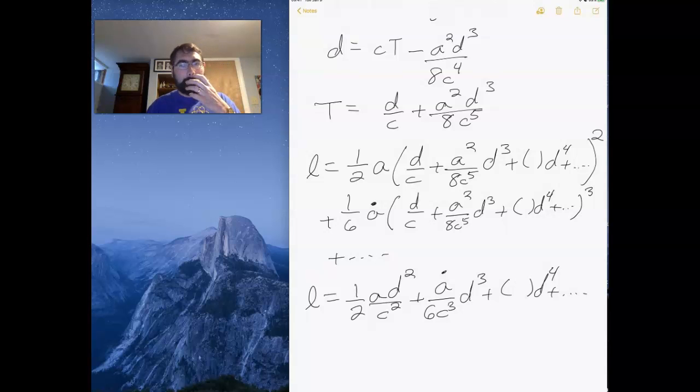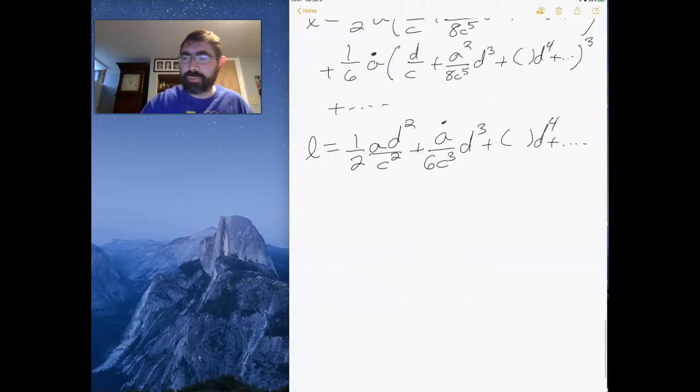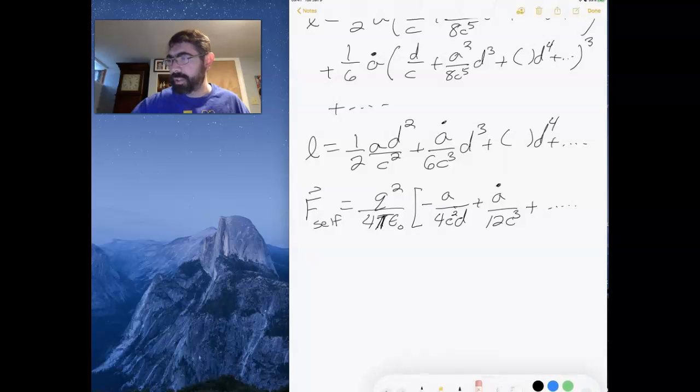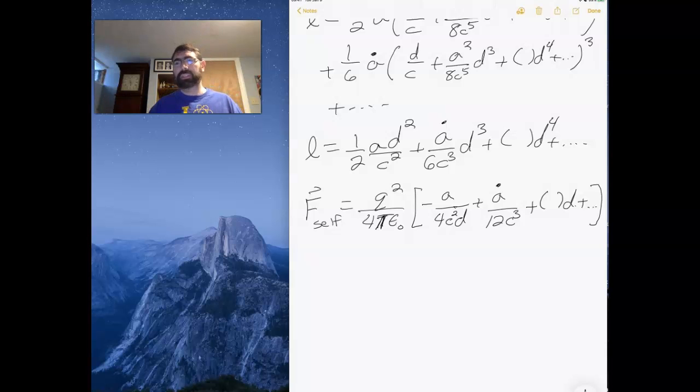Okay, so now if we were to put that back into our equation for the force, the self-interaction is q squared over 4 pi epsilon naught, minus a over 4c squared d plus a dot 12c cubed plus dot dot dot, plus a term that depends on d plus dot dot dot, which would then be like d squared, d cubed.